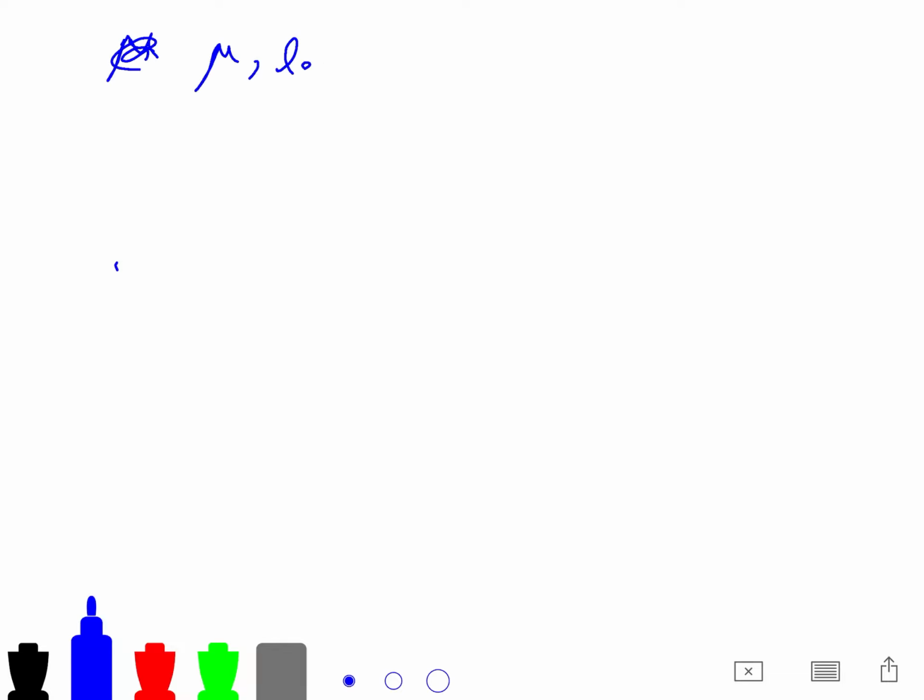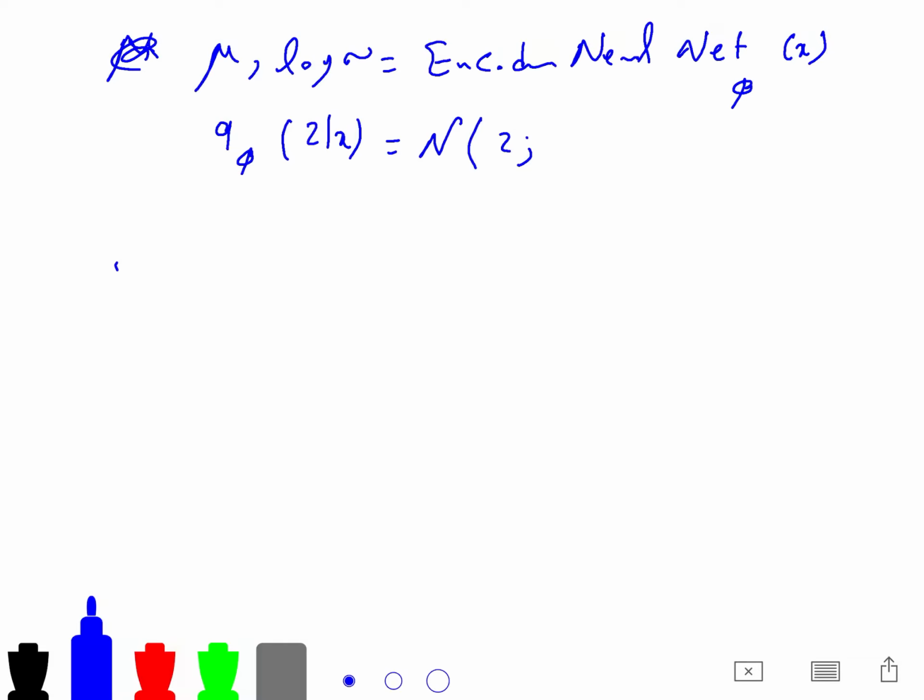So mu and log of sigma is the encoder neural net of x with parameter phi, and q of phi of z given x is the neural network of z given x, you have a mean, and the covariance is just the diagonal.